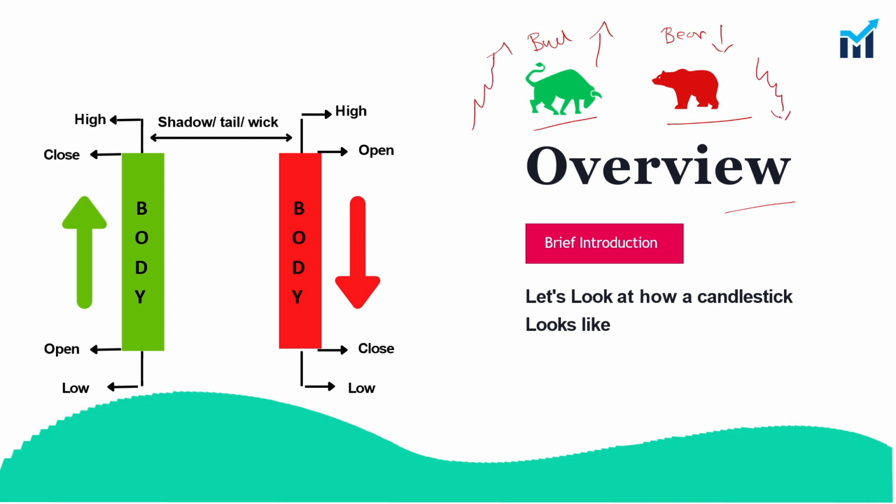Bear means the price is going downwards. These are very common terms used in the financial market. Again, bull means the market or the price is going up, and bear means the market is going down.